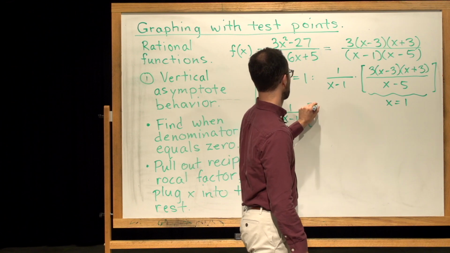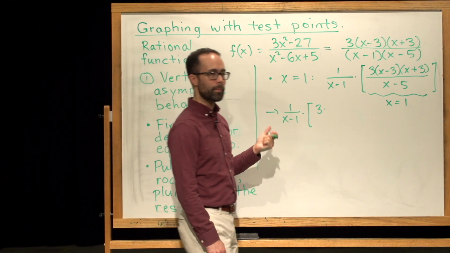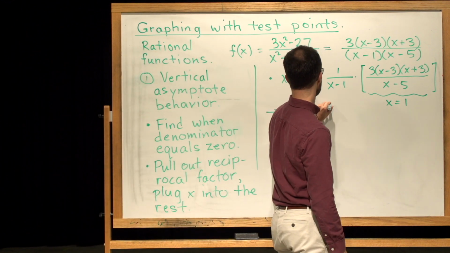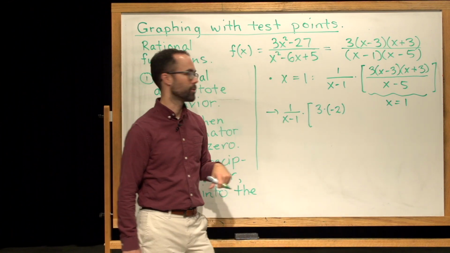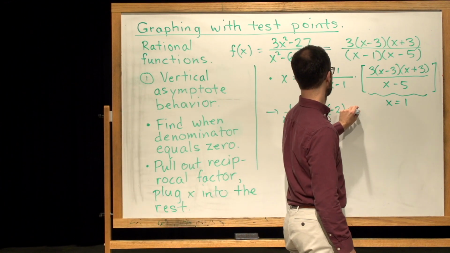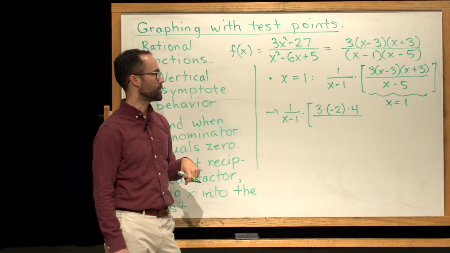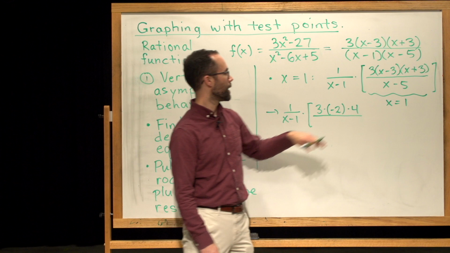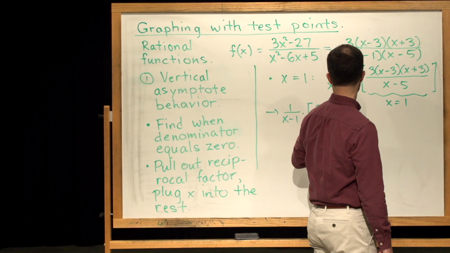As I do this, in square brackets, I have a 3 on top. The x minus 3 factor becomes 1 minus 3, so that's a negative 2. The x plus 3 factor is just 4. So you can see on top I have 3 times negative 2 times 4. And then on the bottom I have 1 minus 5, which is negative 4.